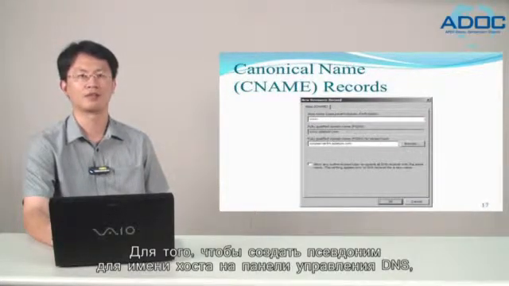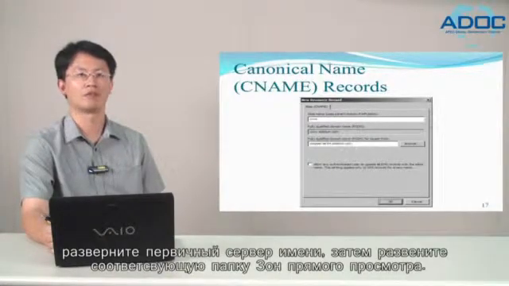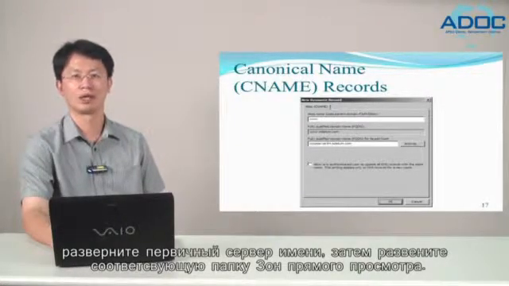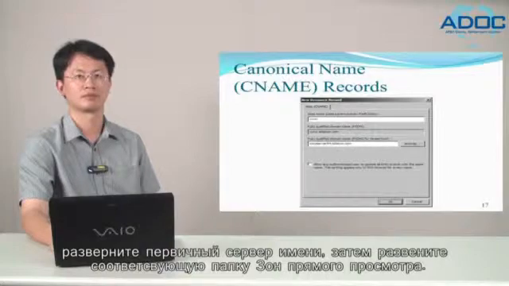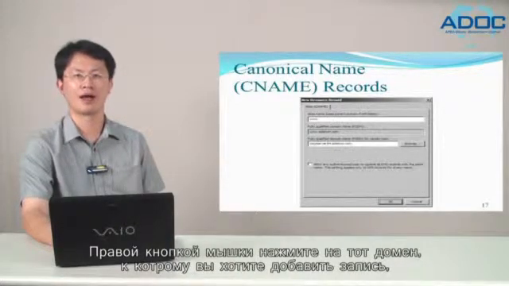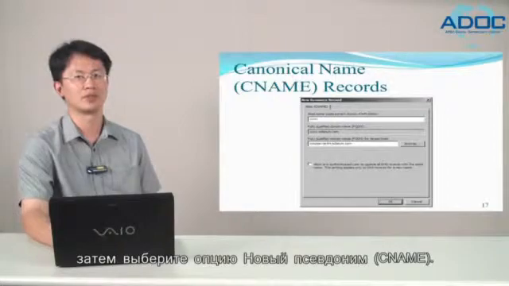To create an alias for a host name in the DNS console, expand the node for the primary name server, and then expand the related forward lookup zones folders. Right-click the domain to which you want to add the records, and then choose New Alias (CNAME).